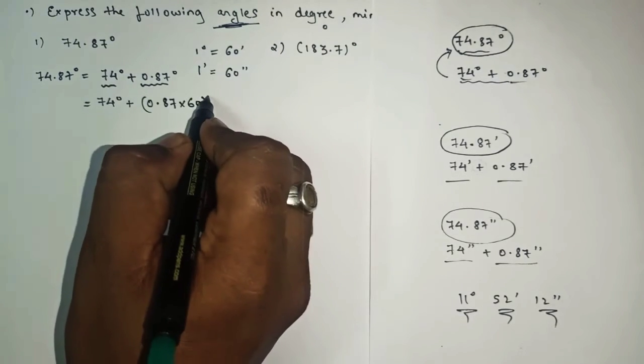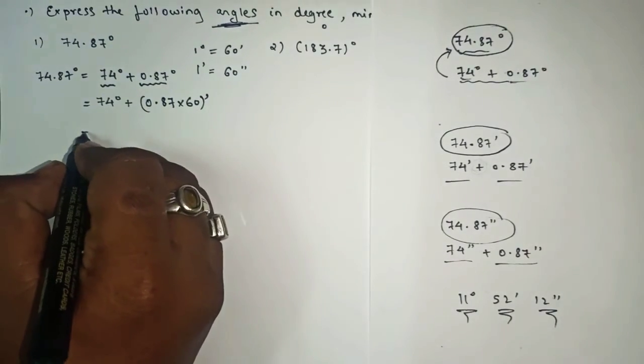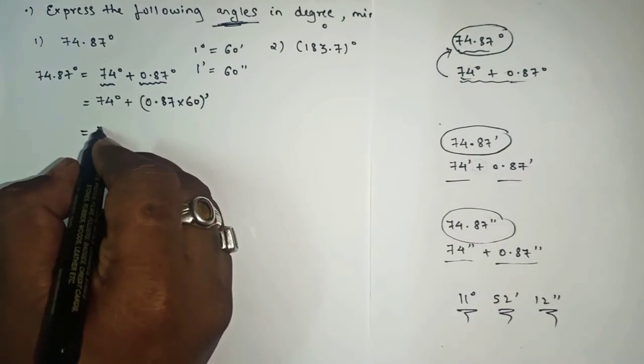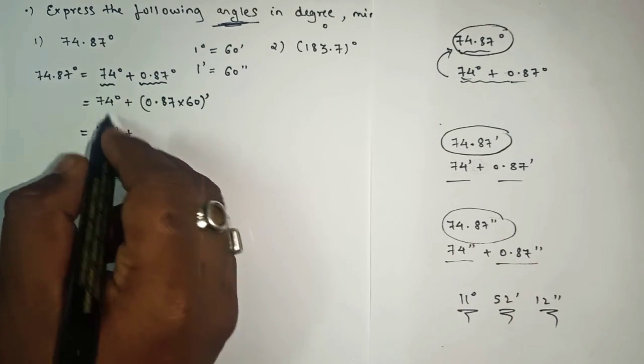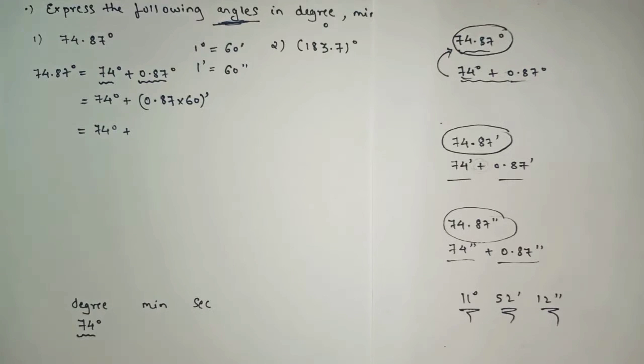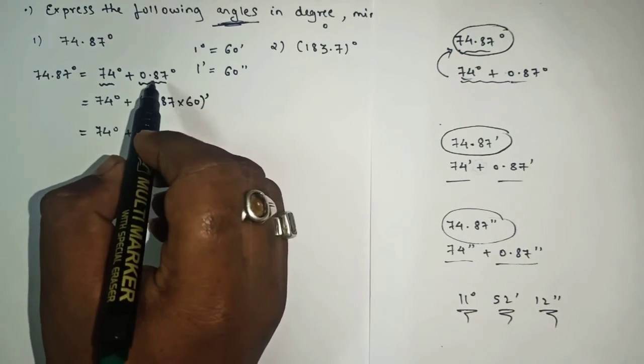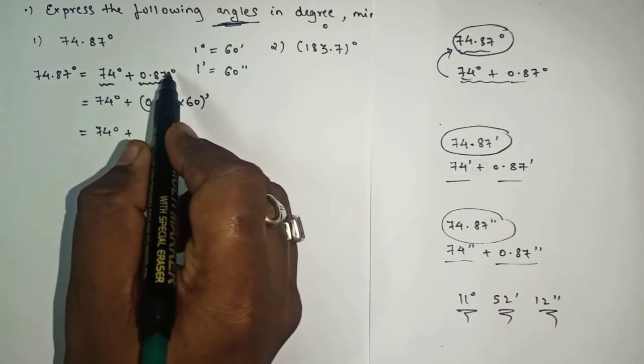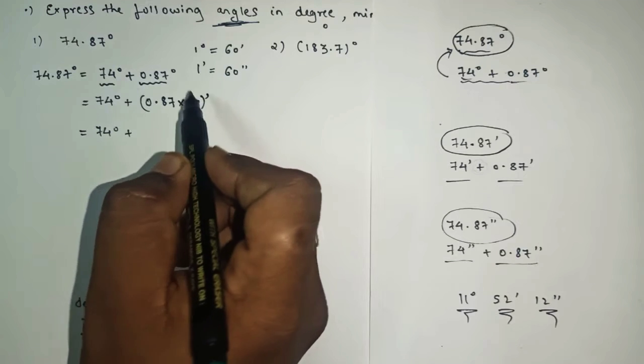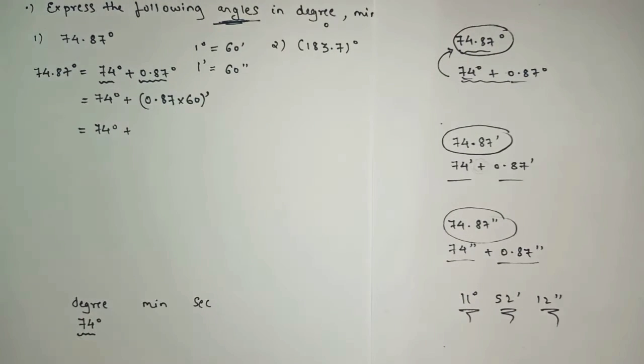So this degree will get converted into minute. So we'll keep this 74 as it is, as we got the degree answer without decimal. Yes or no? Now for this I had multiplied by 60, so this degree will get converted into minute, because we know the process: 1 degree is equal to 60 minute.